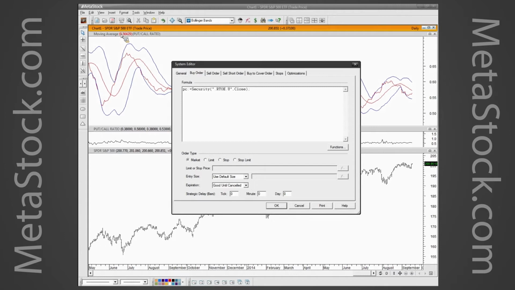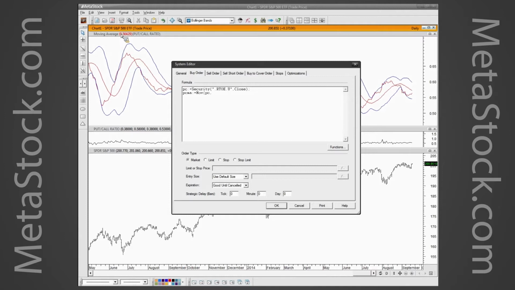So now we're going to go ahead and do our moving average variable, which I'm just going to call PCMA. And again, we use the colon equal, and then we'll use a moving average function, which is MOV, open parentheses, and then now because I'm using the put-call ratio as the data for that, I just put PC right there.